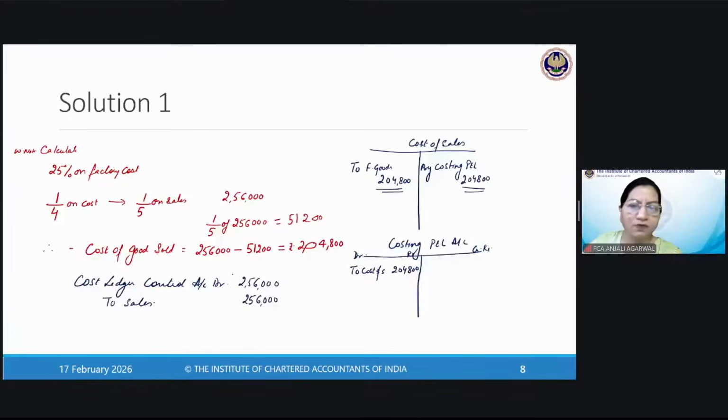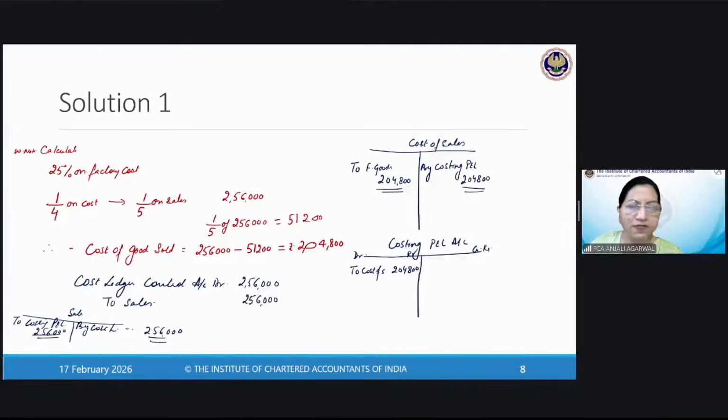Where will this sales go? So if you prepare a sales account, it has by cost ledger control account 2,56,000, and this sales should go to costing P&L account, 2,56,000.